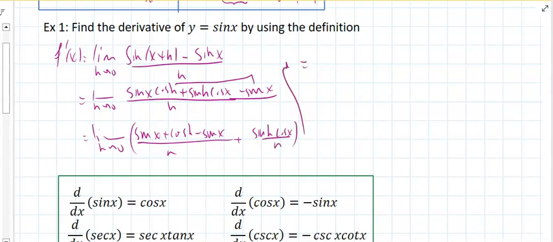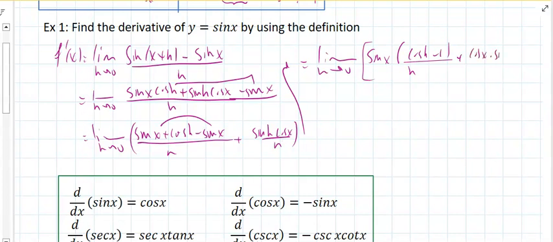And if I split those accordingly, if I factor a sine of x out of those two, and here, if I look at cosine of x times sine of h over h.